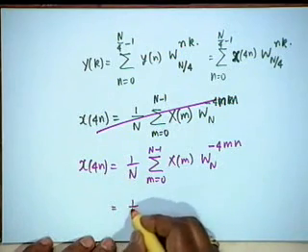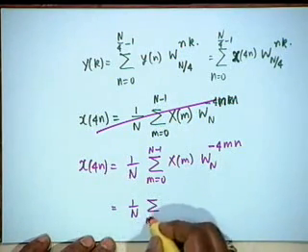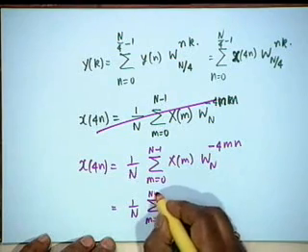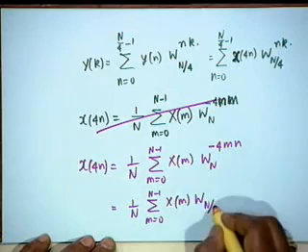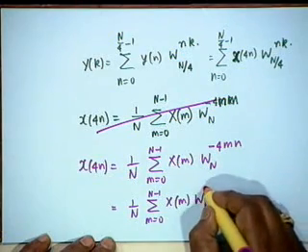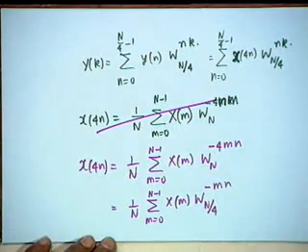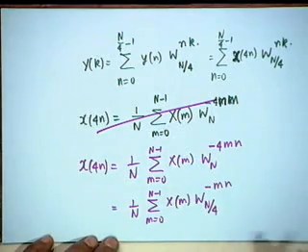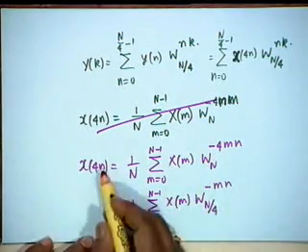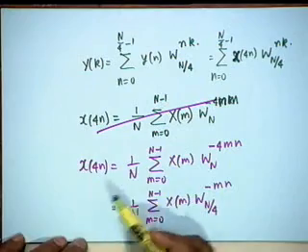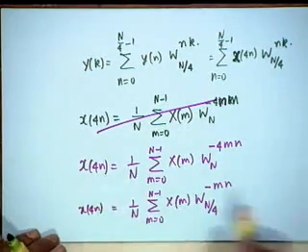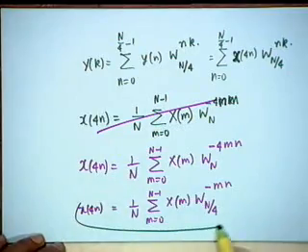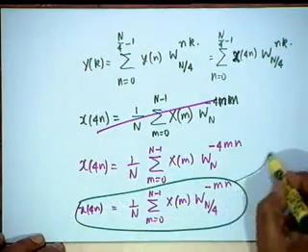So I can write this as 1 over n summation m equal to 0 to capital N minus 1 x of m W n by 4 raised to the power minus mn. And I now substitute x of 4n, I substitute this here.